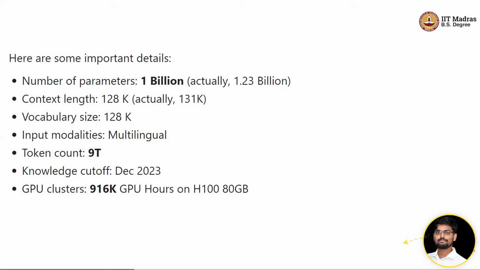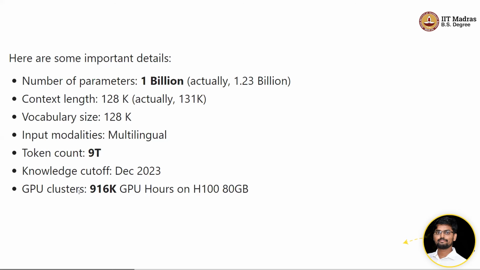So it officially supports some 6 languages, including Hindi, but not Tamil. So that's why we are going to continue the pre-training on the Tamil subset of Sangraha. So it's a multilingual model. And the knowledge cutoff is December 2023, which means the model has no knowledge about events that occurred after December 2023.